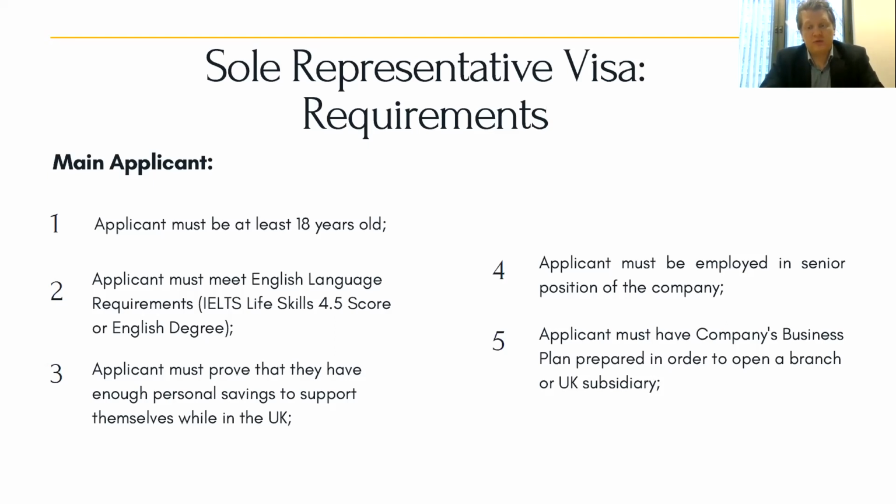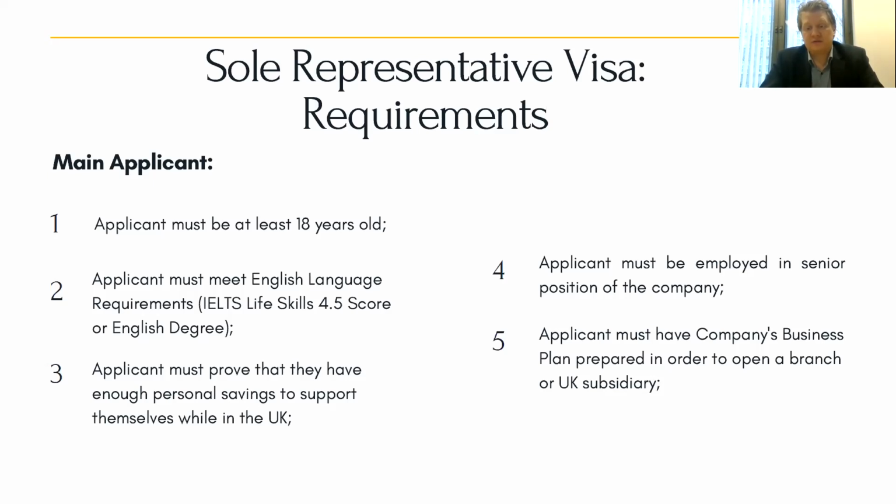Also, and the most important, is to prove that the applicant is employed in a senior position of the overseas company. This is critical to show, and a lot of documents and evidence are required to prove it. Then the applicant must prove that they have enough personal funds to support themselves and their family.